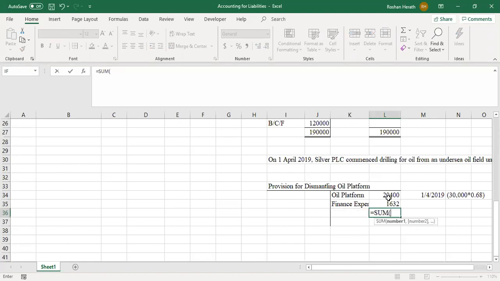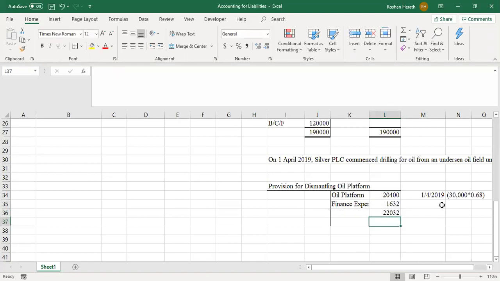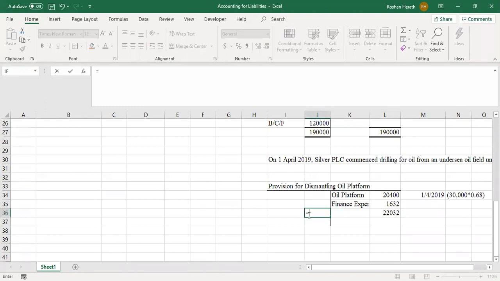And you can take the total, 22,032. So the balance carried forward there is 22,032, and that is the balance as at 31st March 2020.